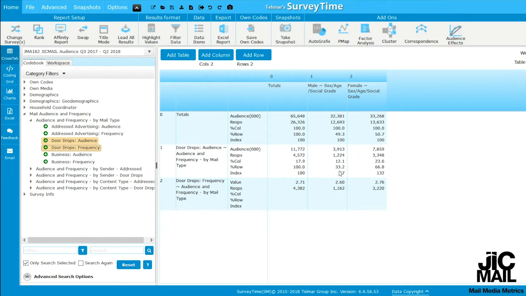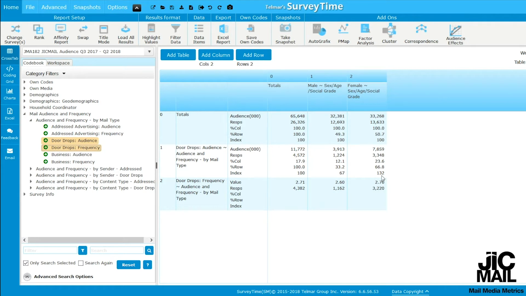So an index of 100 represents the average person in the UK. An index of 67 for men means that men are 33% less likely than the average person in the UK to be exposed to door drops. Women, on the other hand, with an index of 132, are 32% more likely than the average person in the UK to be exposed to door drops.